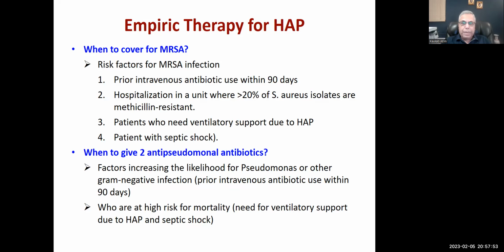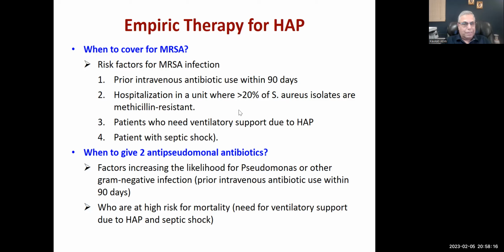Now, empiric therapy for hospital-acquired pneumonia: cover for methicillin-resistant Staph aureus if there is prior intravenous antibiotic use within 90 days, or hospitalization in a unit where greater than 20% of Staph aureus isolates are methicillin-resistant.